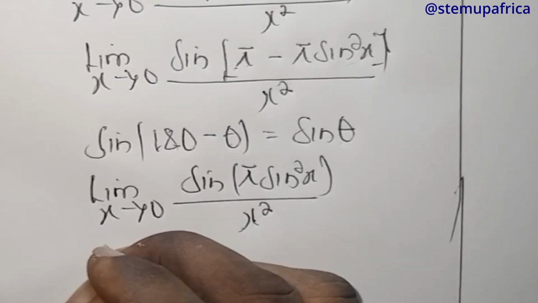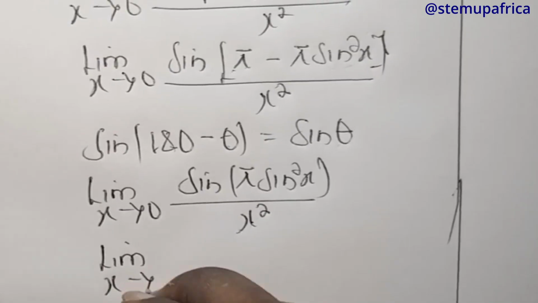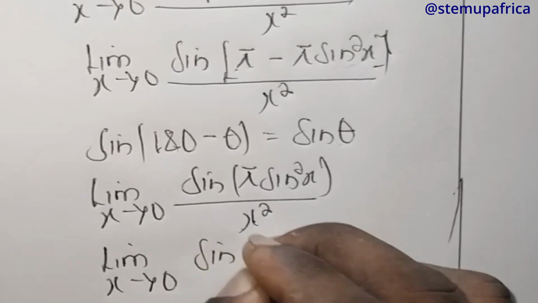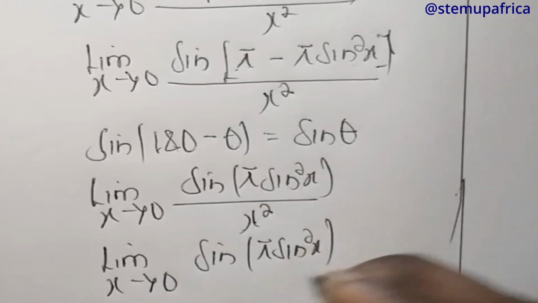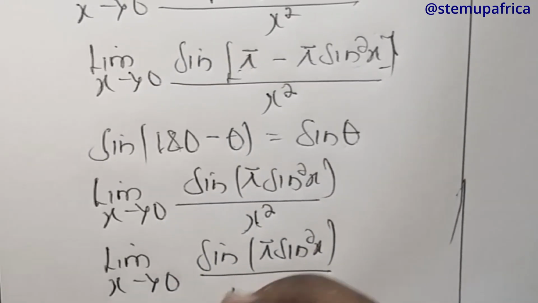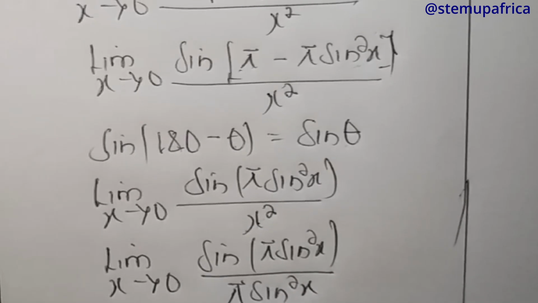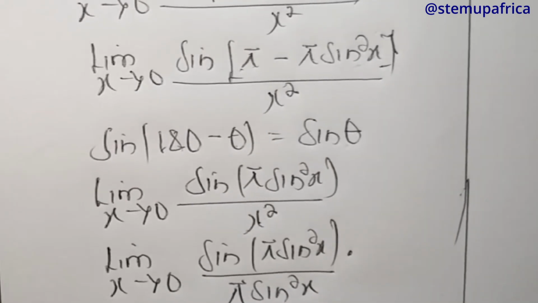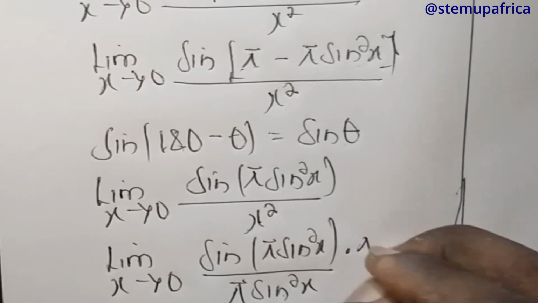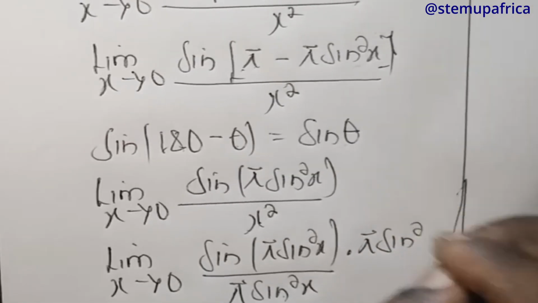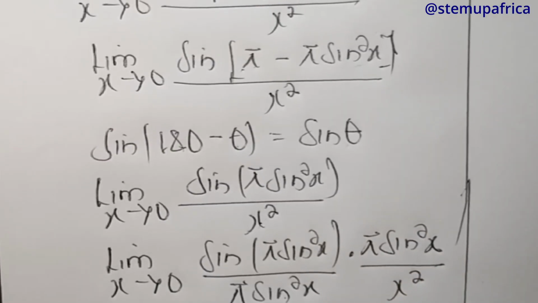So I will have the limit as x tends to 0 of sine of pi sine square x, and I will introduce pi sine square x. That's the condition for it to be 1. But where am I bringing this from? I will multiply with the equivalent number, pi sine square x over our original x squared.